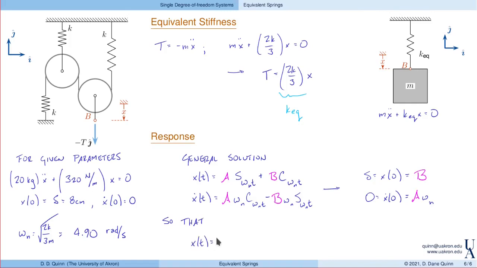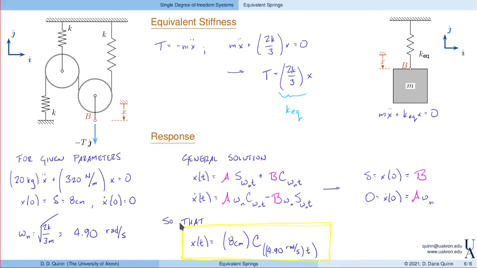x of t is equal to B, which is delta, or 8 centimeters, times cosine omega n, that's 4.9 radians per second, times t. And this is the response of the system when I displace the mass initially by 8 centimeters and release from rest.